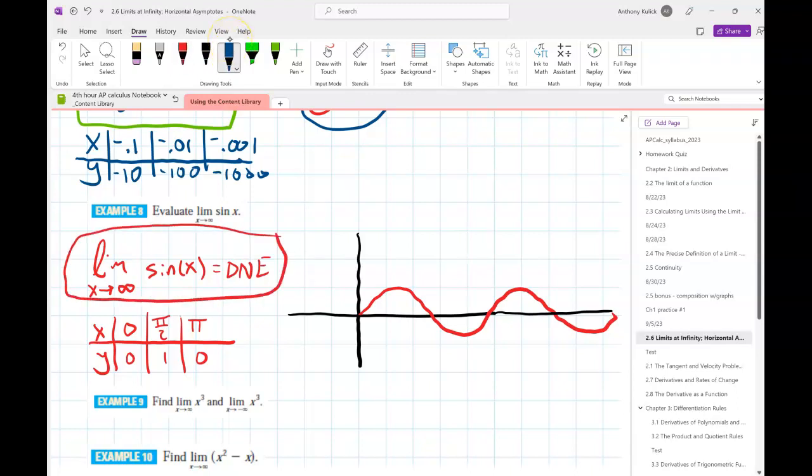Now keep in mind, if this function were somehow dampened, like if I stuck a 1/x out front or something, now when we do this, that amplitude on your sine wave is going to get smaller the whole time through, so it's now looking like we're heading towards zero at that point.